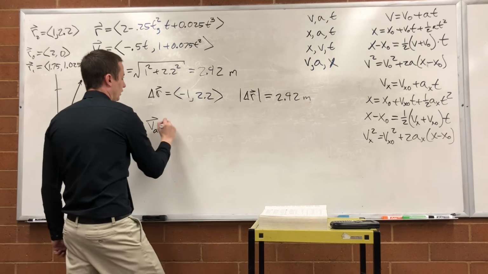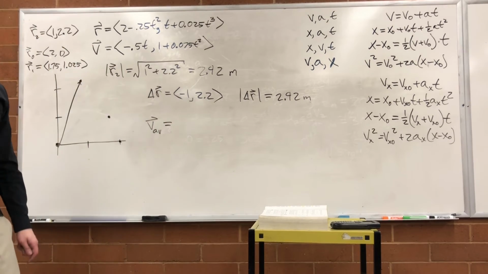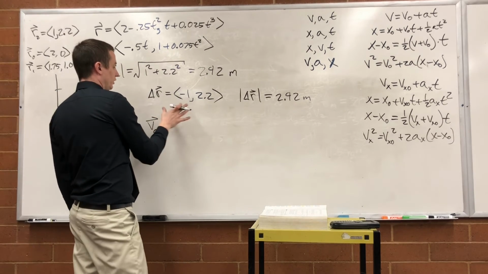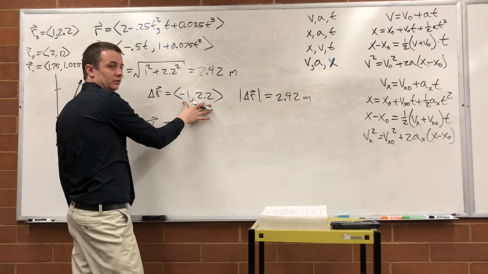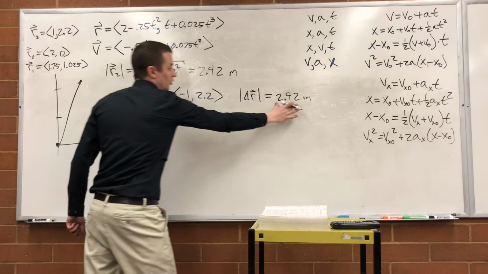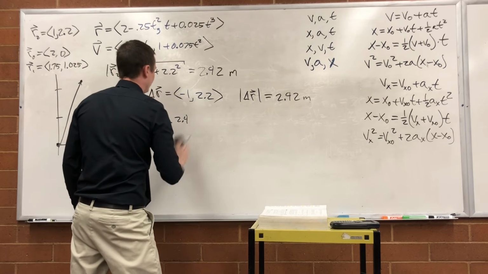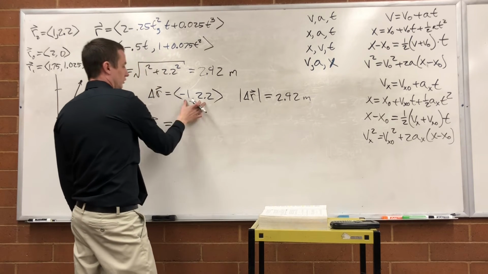The average velocity over that time is going to be the displacement over the time. So what's our displacement across this vector? 2.42. Oh, sorry, average velocity vector. So I'm sorry, we still just do this.